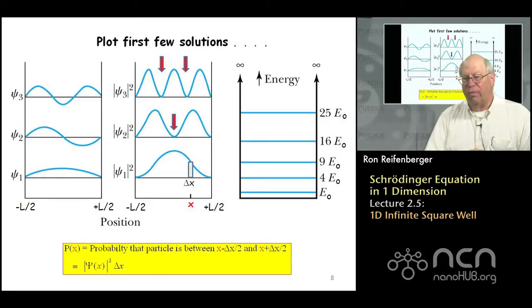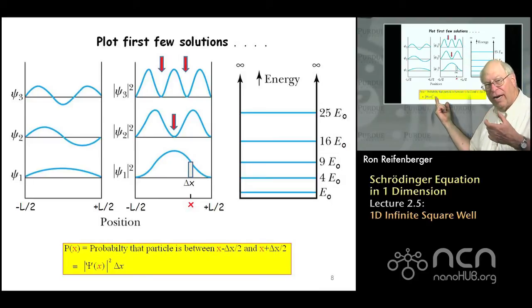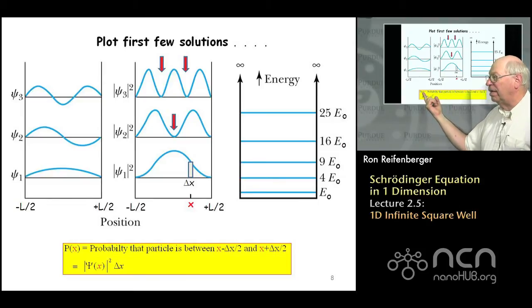So I just remind you, for instance, that if you want to calculate what the probability is that you find a particle in the n equals 1 state at some position x, you have to go back to the fundamental definition of this probability density. The probability density is psi squared. You multiply that by the region in space, delta x, that you're trying to find the particle, and that tells you what the probability is that the particle is located there.